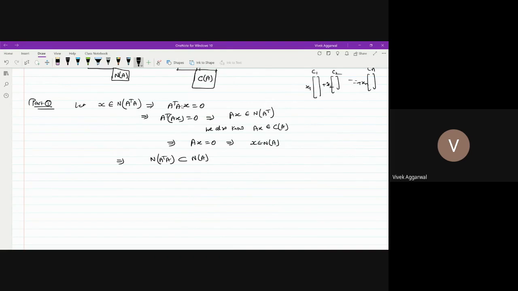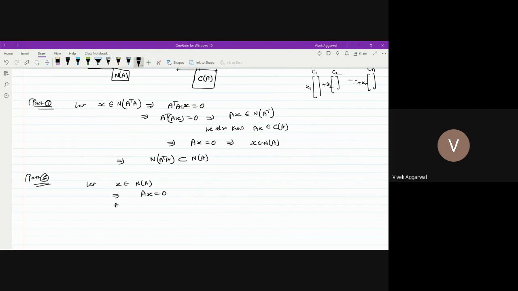Now I go to the second part. In the second part, let us take x belongs to the null space of A. So I have Ax equal to 0.